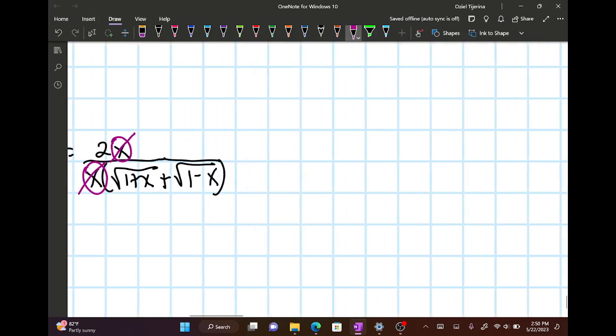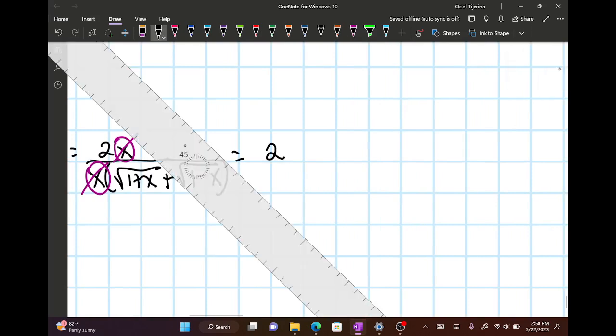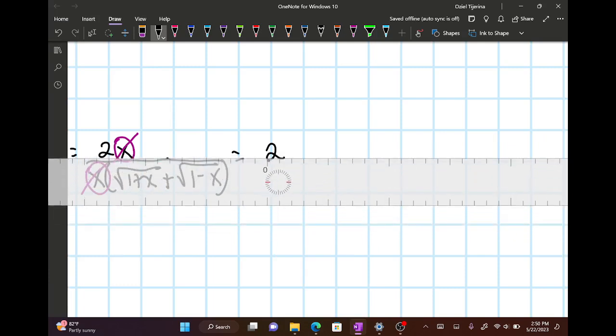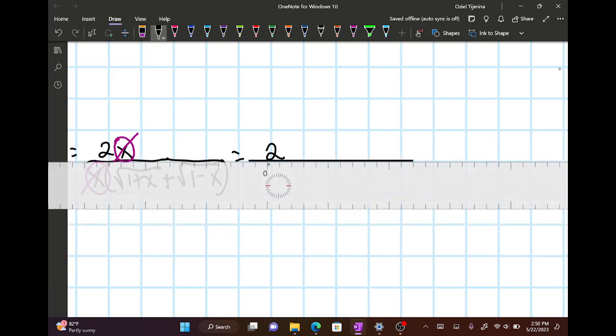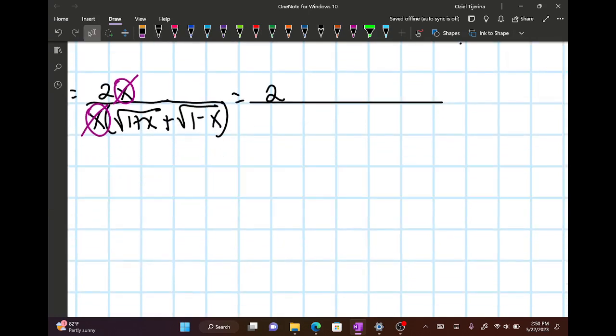So then we have 2 over the square root of 1 plus x minus the square root of 1 minus x. Let me use a ruler so my lines aren't so squiggly.